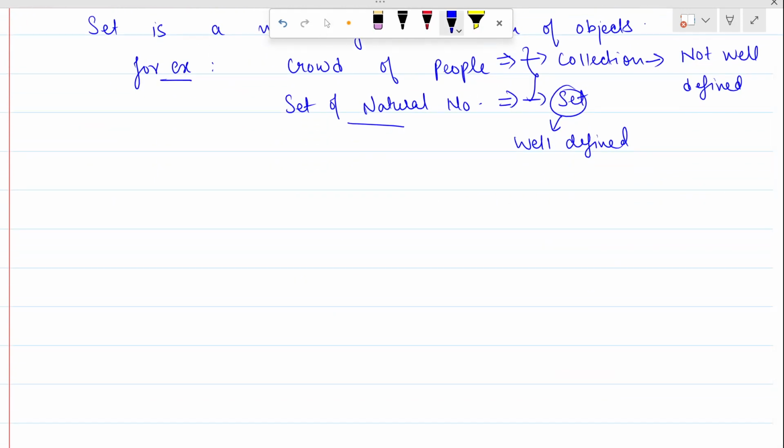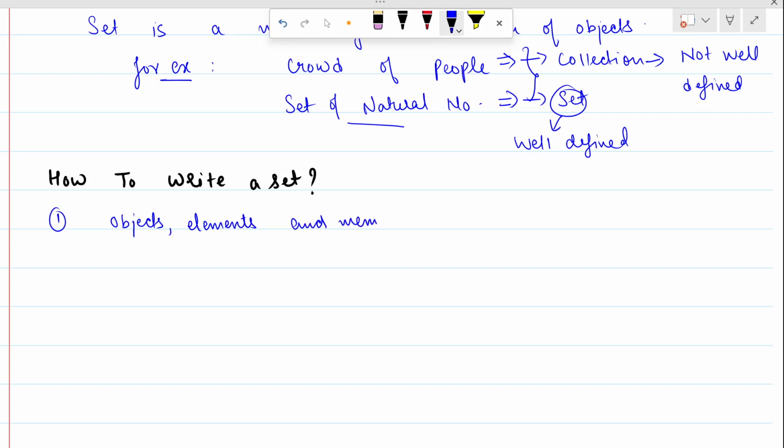Next we have how to write a set. So first, objects. When we write a set, we have elements. So we have objects, elements, and members, all are synonymous terms.